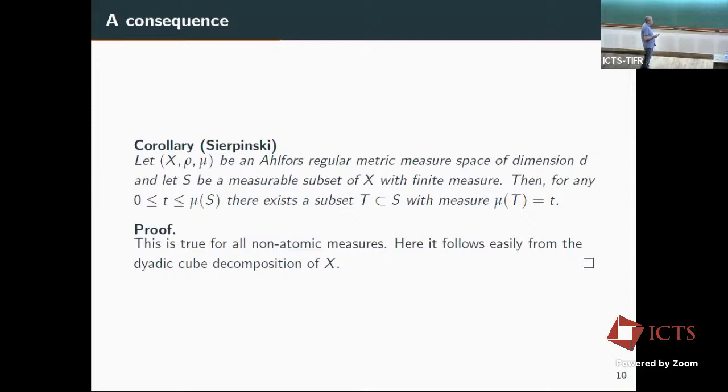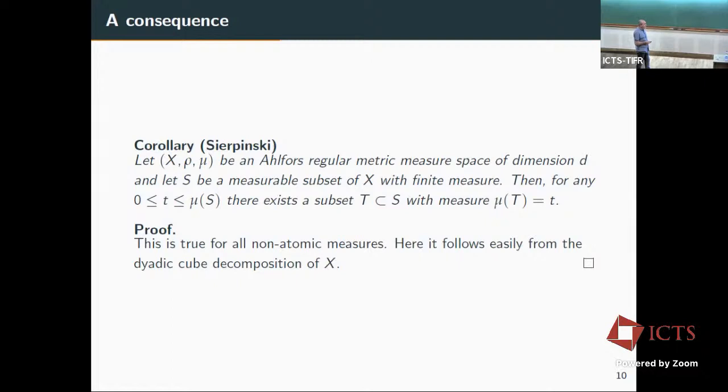So one thing that we need in our proof, and it's actually a corollary of the above decomposition, is this result due to Sierpinski. If you have an Ahlfors regular metric measure space of dimension d, and you have a measurable set in X with finite measure, then for any real number t between 0 and the measure of this set, you can always find a subset of that set which has measure exactly t.